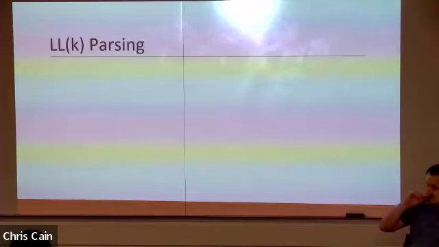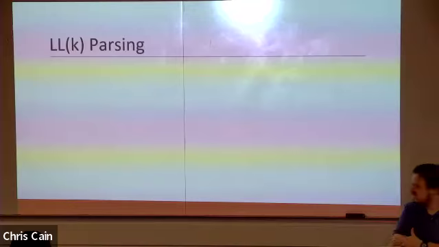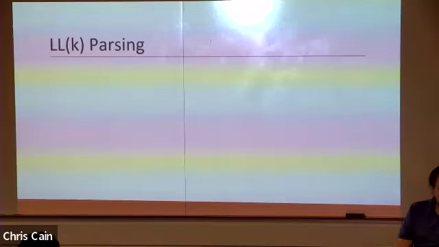Last time we were covering LL1 parsing, and we ended with this idea: if there are multiple elements in any cell in the LL1 table, then we know that the grammar is not LL1, which means we need more than one look-ahead character to derive the appropriate production to use here.